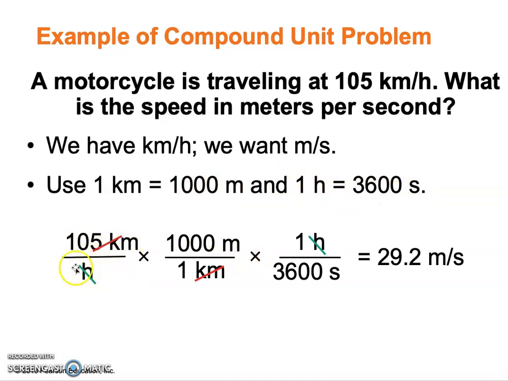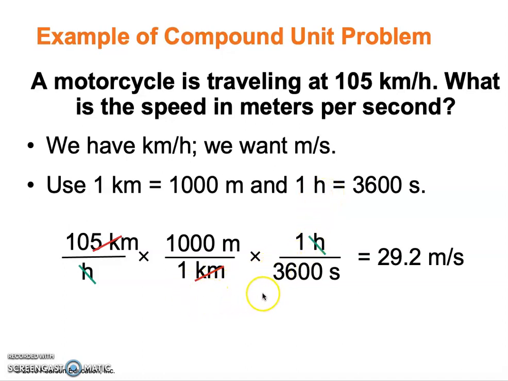So you start with what is given to you, 105 kilometers per hour. The first unit equation you put in is 1 kilometer equals 1,000 meters. If you put it this way, then the kilometer cancels out. The second unit equation you put in is for the time: 1 hour equals 3,600 seconds.